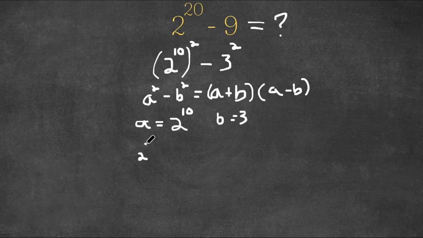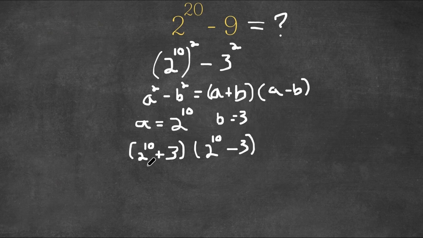So now if we plug in a and b in this expression, we would get 2 to the power of 10 plus 3 in parentheses times 2 to the power of 10 minus 3.